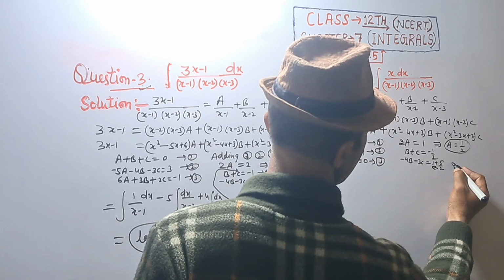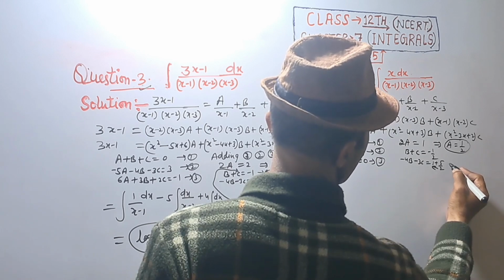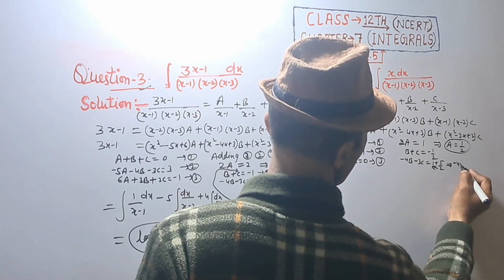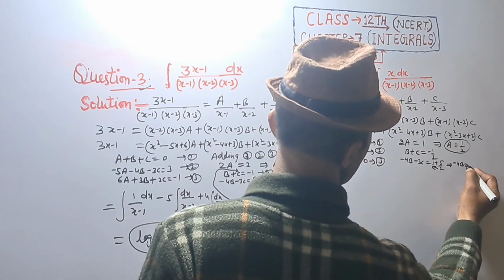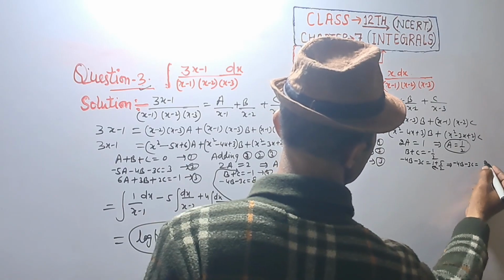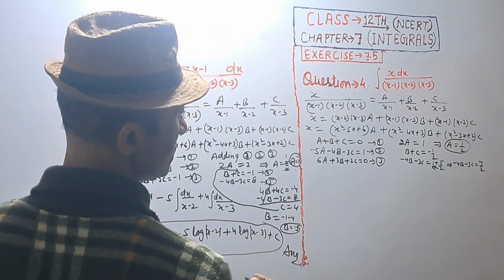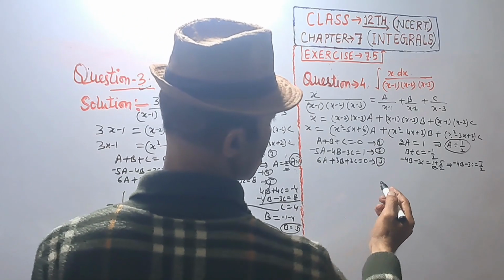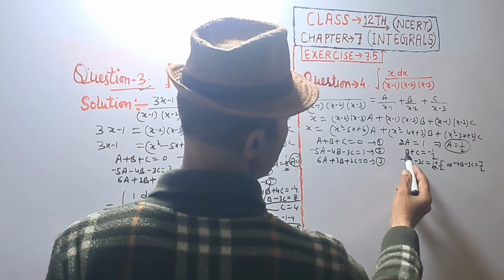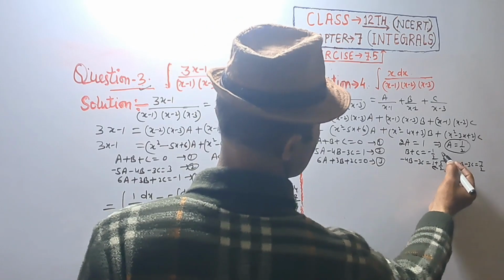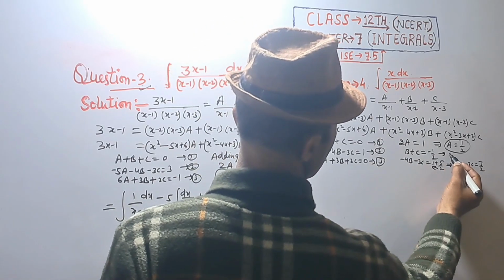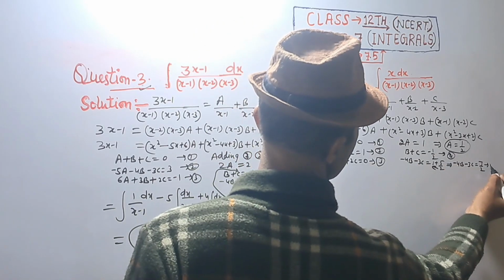So minus 4B minus 3C is equal to 7 upon 2. This is equation number 5, and the earlier one is equation number 4.